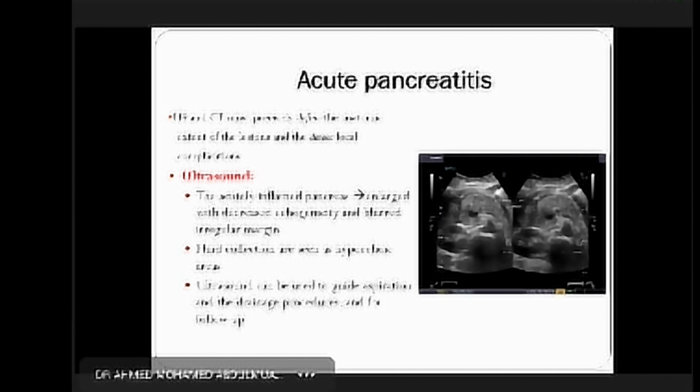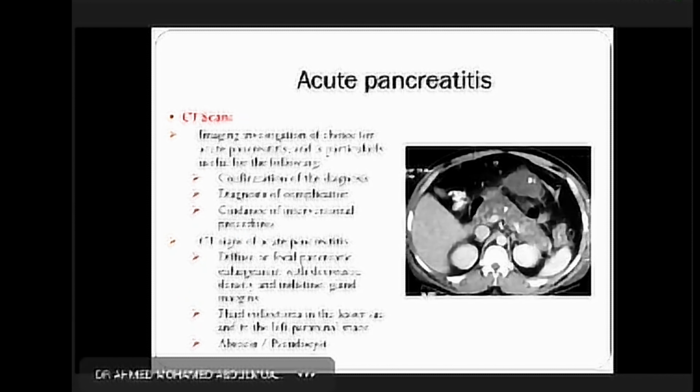Then for follow-up, I do not need to do a CT scan. For follow-up, I can do ultrasound. Why? Because there is no additional dose to the patient, and it is easy and fast. So for monitoring or follow-up, I can do ultrasound.